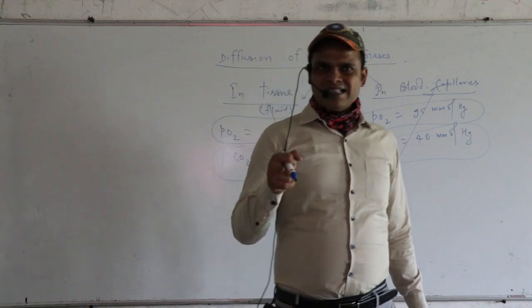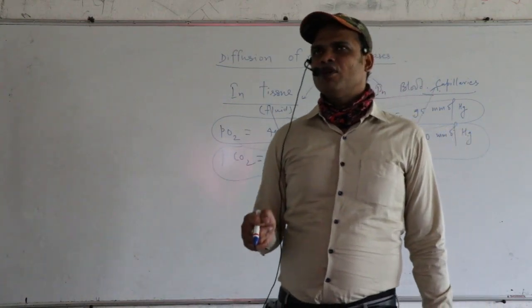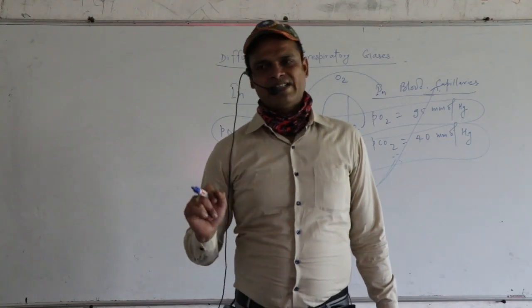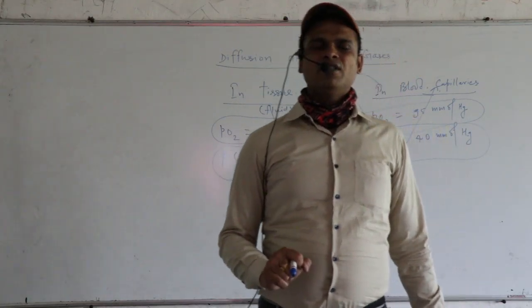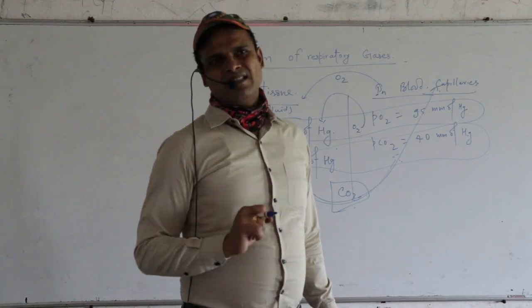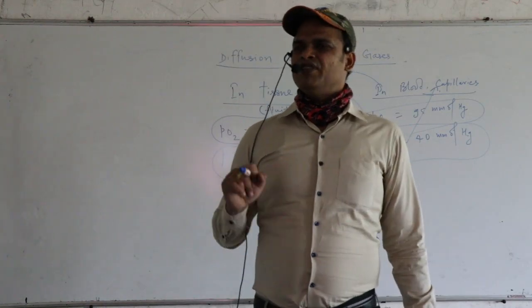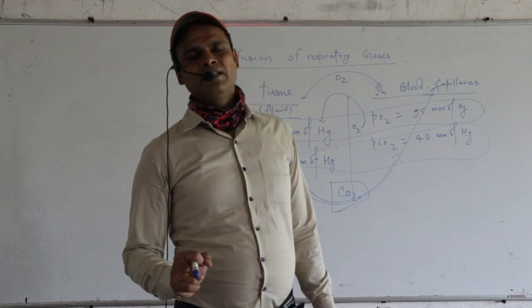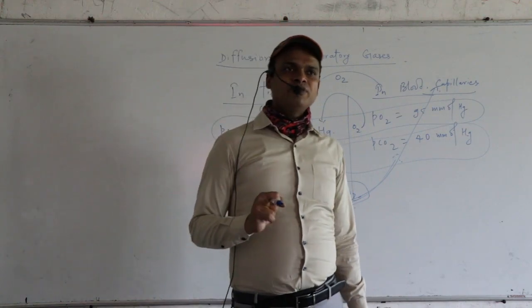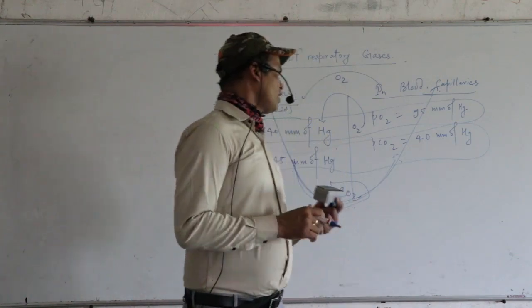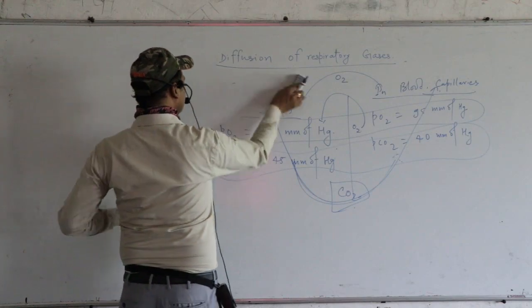So this is the actual role of partial pressure potential in the diffusion of respiratory gases. As I already discussed, the factors which affect the rate of diffusion are solubility, thickness of the membrane, as well as partial pressure. Okay.